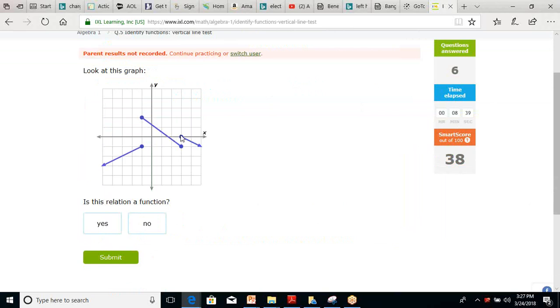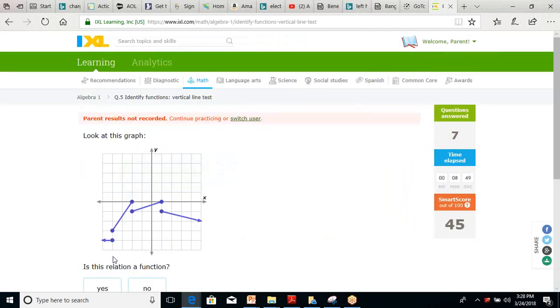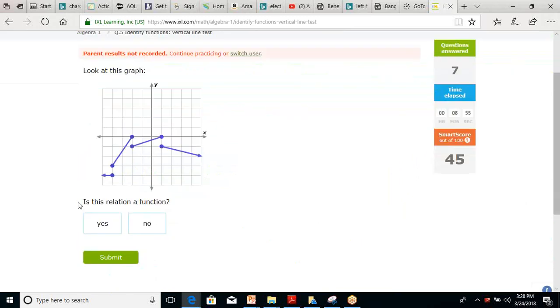And if you take this x value, it also has more than one. So this is not a function, because you have more than one y value.